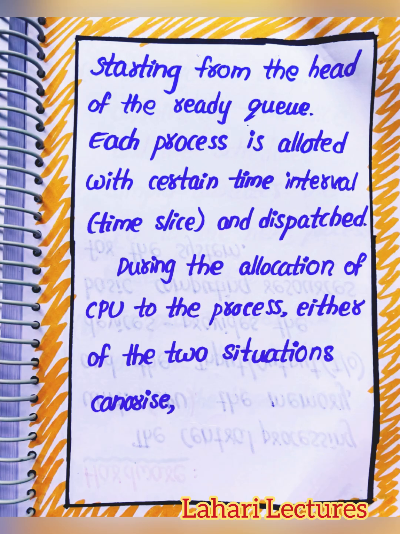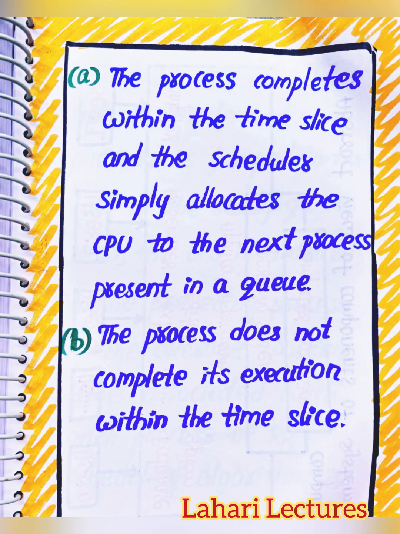Starting from the head of the ready queue, each process is allotted a certain time interval, the time slice, and dispatched. During the allocation of CPU to the process, either of two situations can arise. First, the process completes within the time slice and the scheduler simply allocates the CPU to the next process present in the queue.